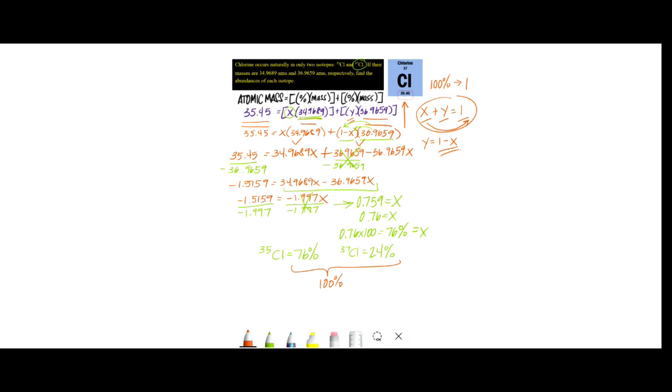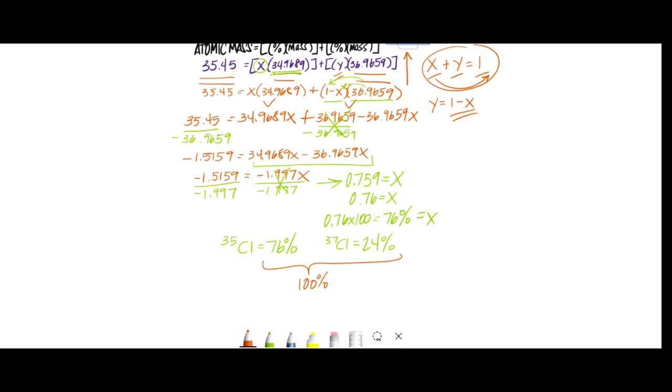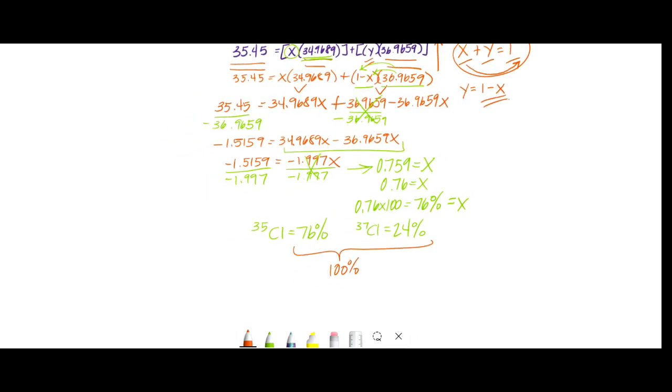Go ahead, try it. Switch those two variables around, put the x in the other place and the 1 minus x, still solve for x, and you're going to get the same answers. You're going to find that chlorine 37 is 24% and chlorine 35 is 76. And after that, it's really just math. It's algebraic shuffling, condensing things, combining like terms, and solving for that variable.